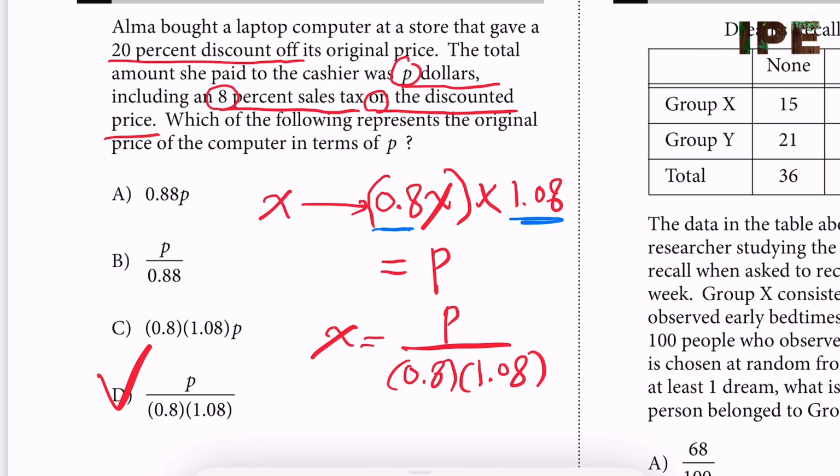You have to multiply the original price by 0.8 because of the 20% discount. And then multiply the discounted price by 1.08 because an 8% sales tax is added. Just don't add 8%. Directly multiply by 1.08. That must be equal to P, and then solve that equation for X. And then I'm going to find D.